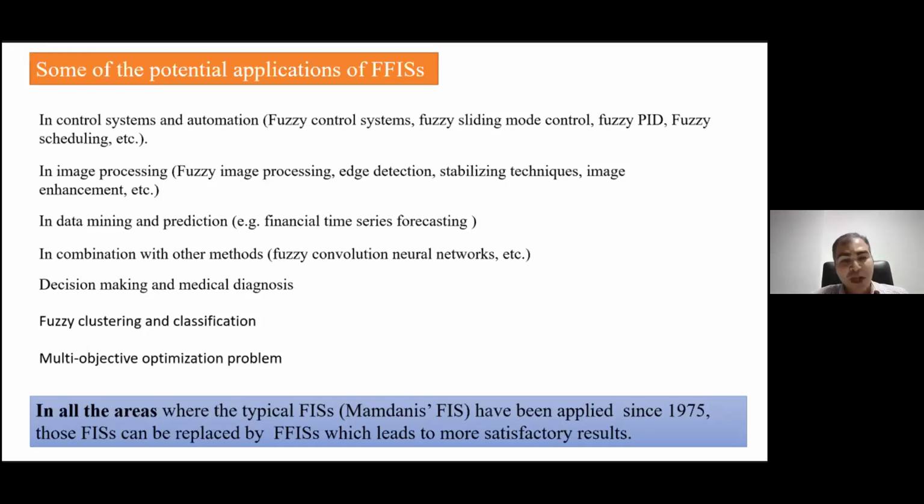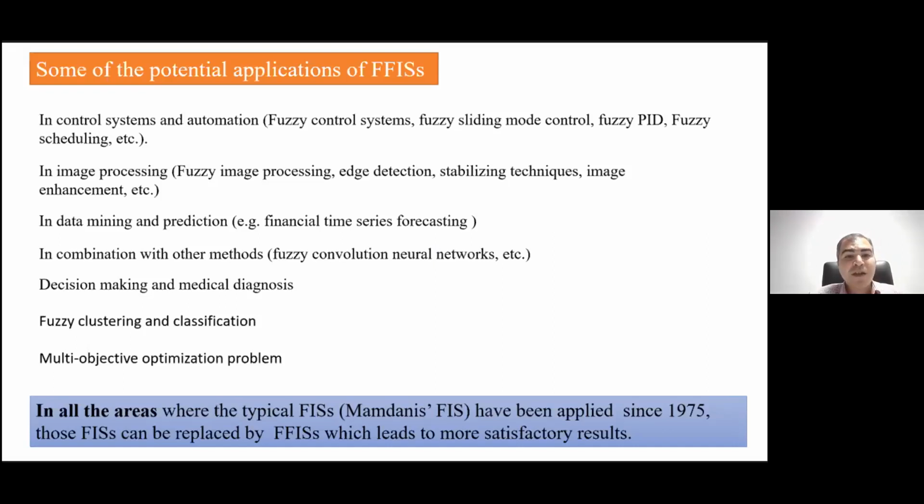In data mining and prediction, there are so many papers that have been published, and so many applications have been proposed and applied, based on typical fuzzy inference systems. So if you apply fractional fuzzy inference, for example, in financial time series forecasting, you will certainly get better results.